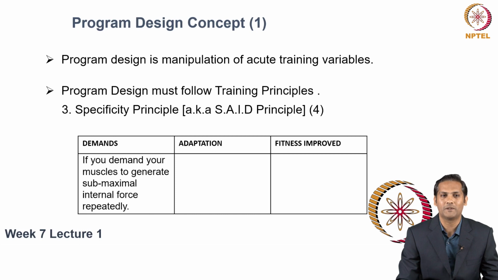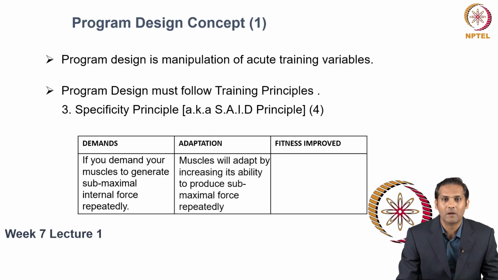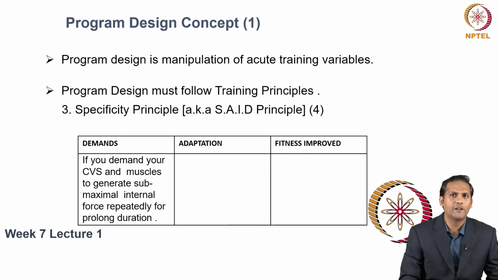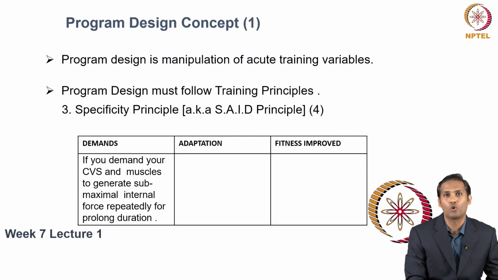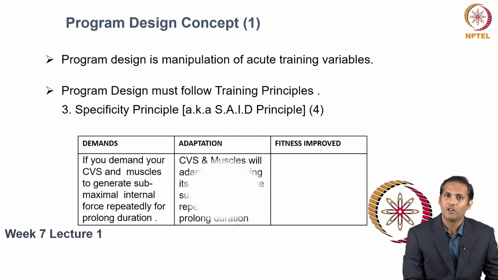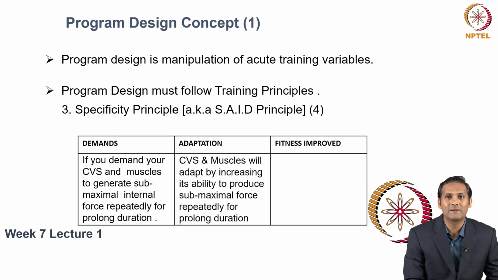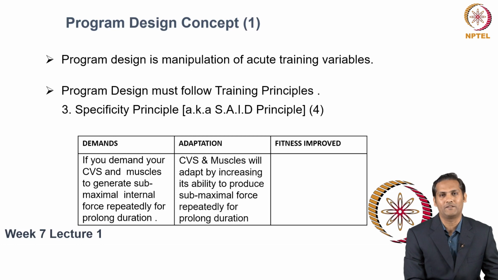If you demand your muscles to generate submaximal internal force repeatedly, your muscles will adapt by increasing their ability to produce submaximal force repeatedly, and this ability is nothing but your muscular endurance. If you demand your cardiovascular system and your muscle system to produce submaximal internal force repeatedly but for a prolonged interval, the adaptation is an increased ability to perform this activity.